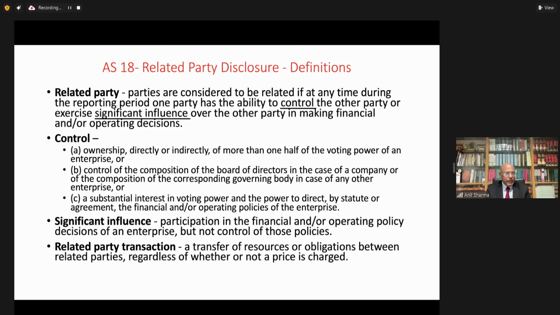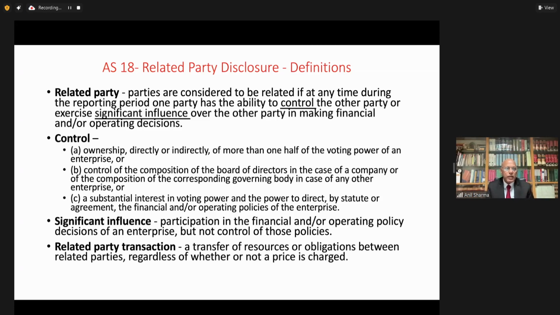The definition of related party as given in AS 18 is for the specific purpose of related party disclosure, whereas the related party definition given in the Companies Act, as read with Section 188, is with regard to the compliance part. So don't get mixed up.